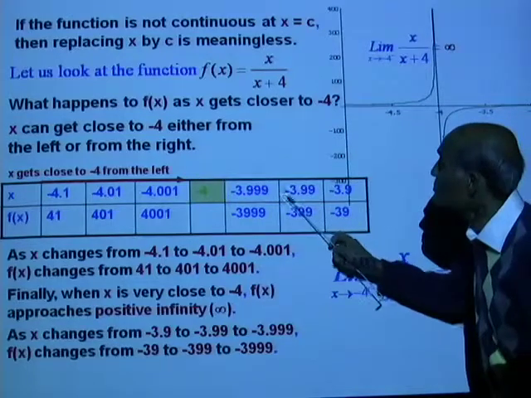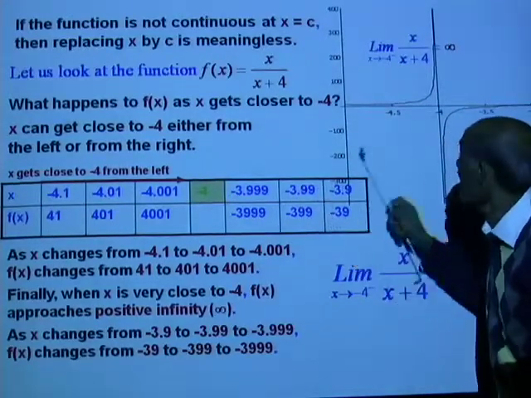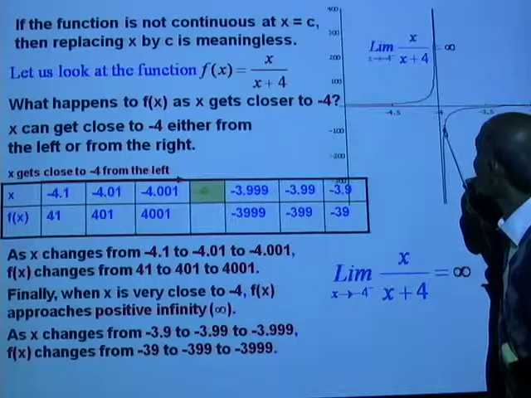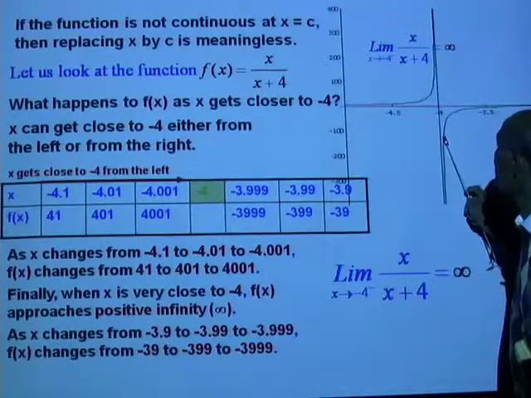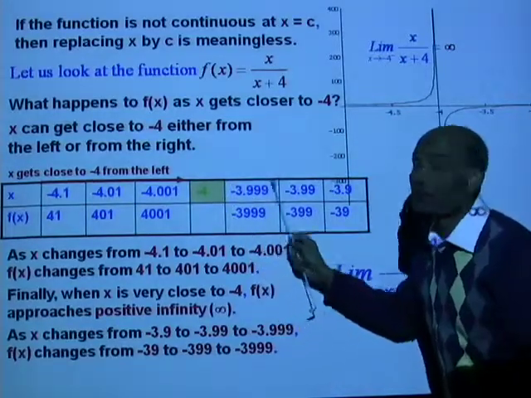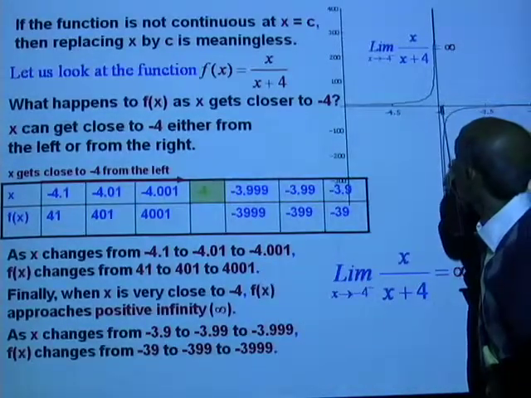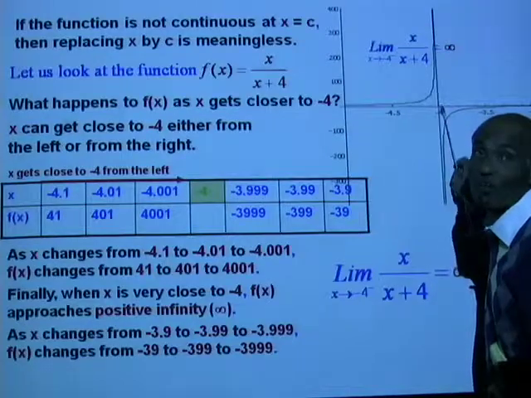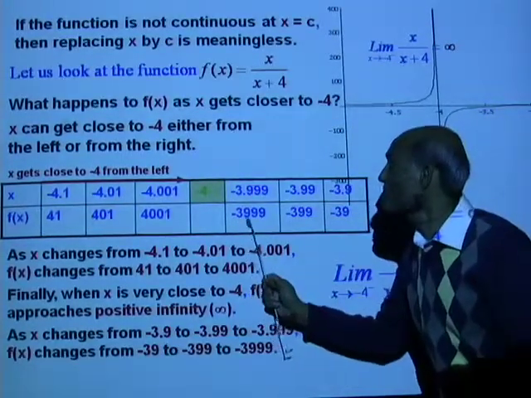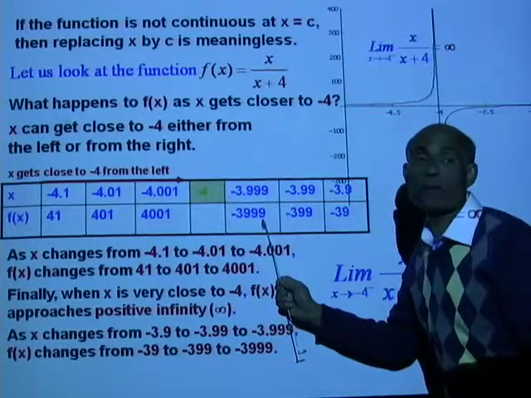When x equal to negative 3.99, that is very close here. The output is negative 399. When the input is negative 3.999, very close to negative 4, the output is negative 3,999.